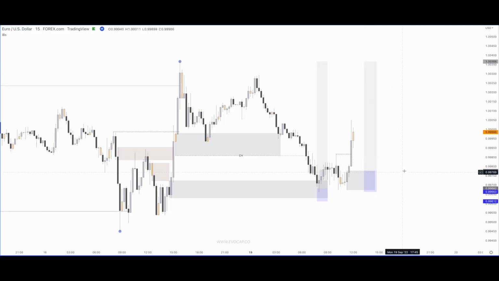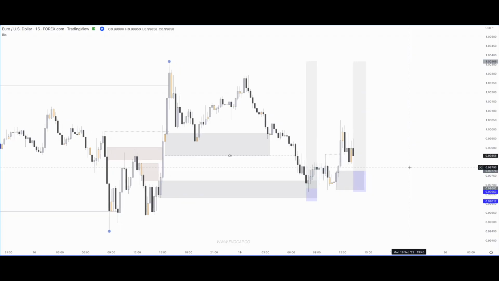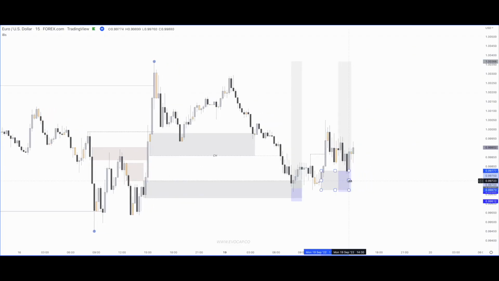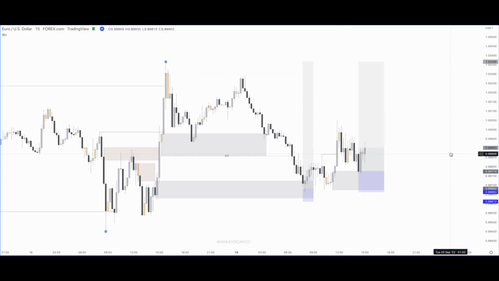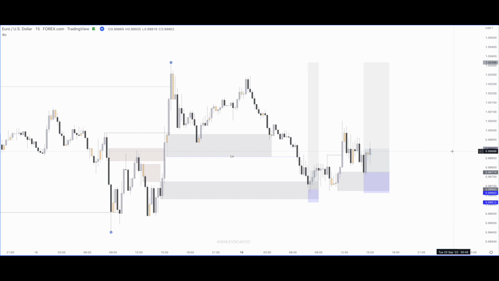Absolutely fine. So what we'll do is we'll just see what happens there. Right, so you're now triggered into that trade. So that's now running. Now as I say, if you want to take it that one step further, you can now drop into a lower time frame. So what we'll do now is have a look at the 1 minute and see how we could have got involved in this, right?